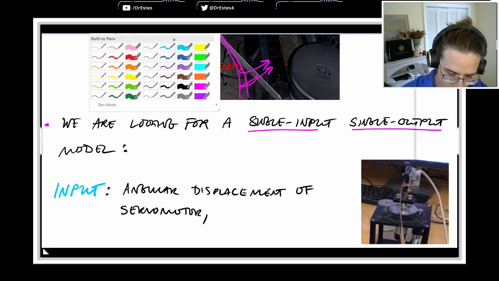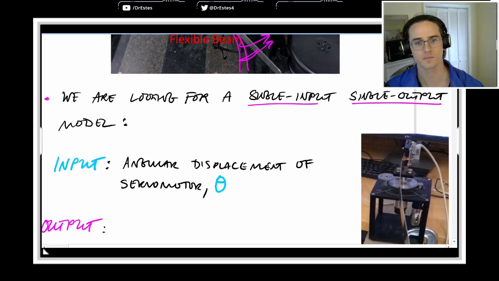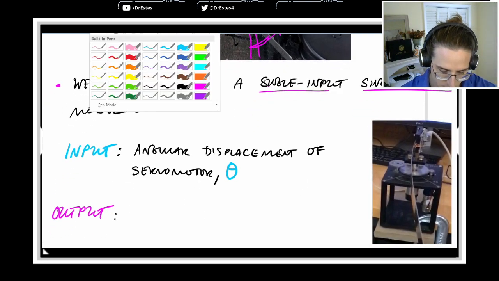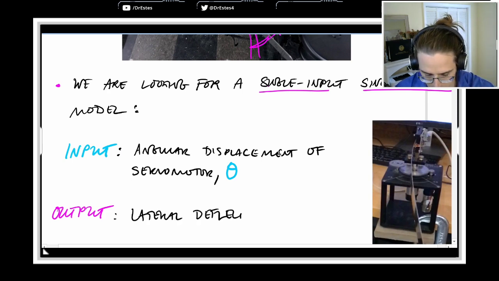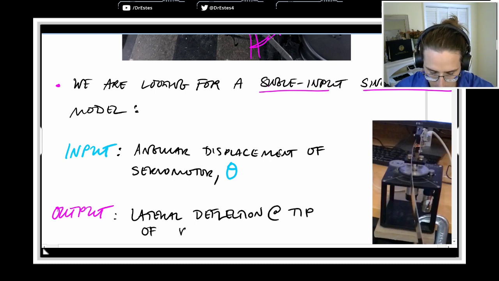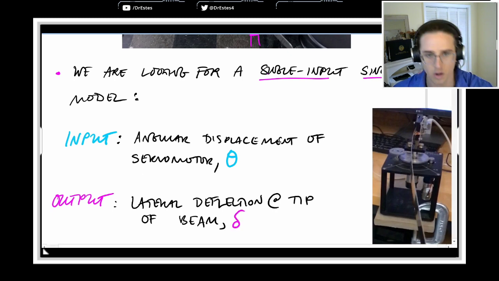And I'm just going to call this angle that it makes theta. All right, and our output is going to be the lateral deflection at the tip of the flexible beam. Oh my goodness, I spelled it B-E-E-M. And we'll call that delta.